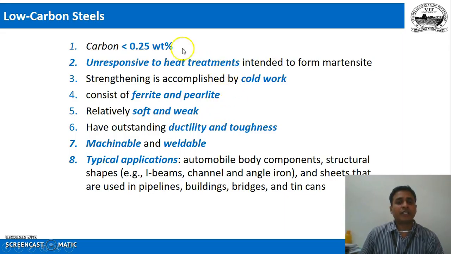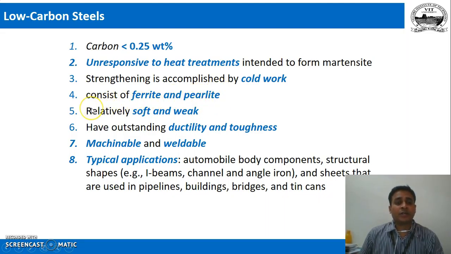What does the microstructure of low carbon steel consist of? You already know, from laboratory experiments, that you see ferrite and pearlite. Ferrite is the bright phase, and pearlite is bright and dark alternating phases existing in the form of a lamellar structure.